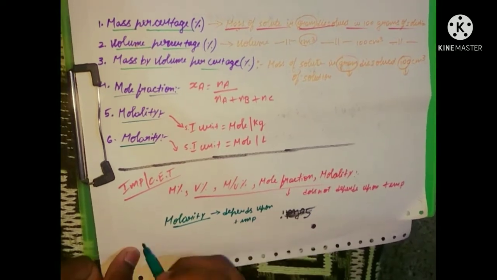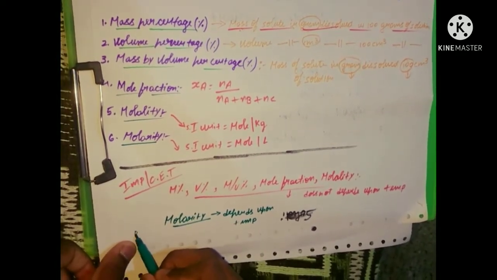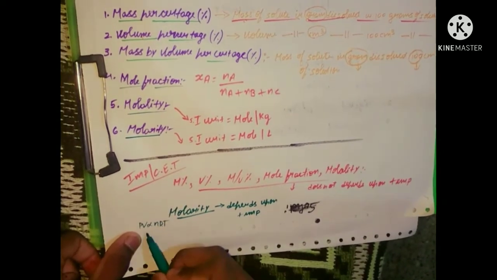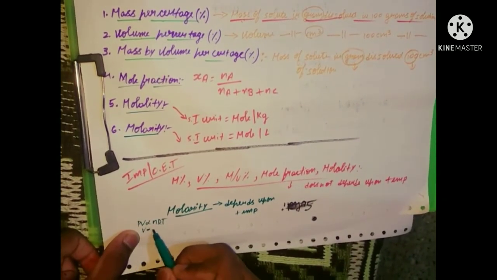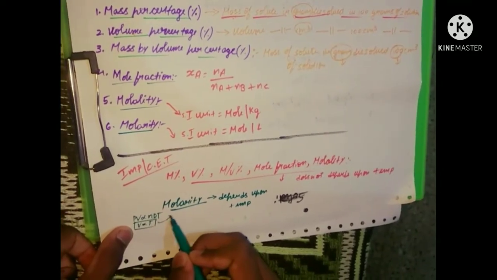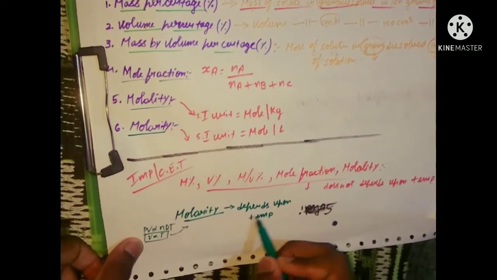As you all learnt in first PUC, the gas equation P V is proportional to nRT, so P V is proportional to T. It is related to molarity, so molarity depends upon temperature.